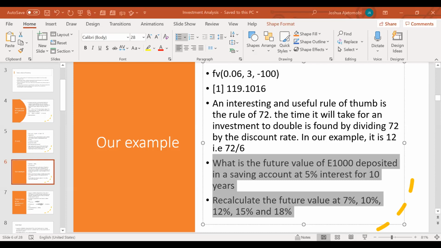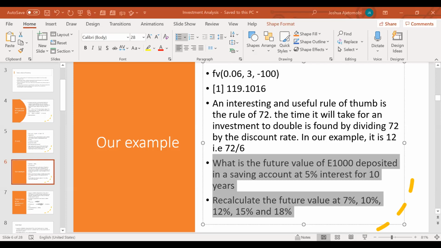Yeah, that's the correct answer. You have to be very sure so that you are not using a different number of years. It's 10 years. It's the percentage that is changing in the question, if you look at the question very well.